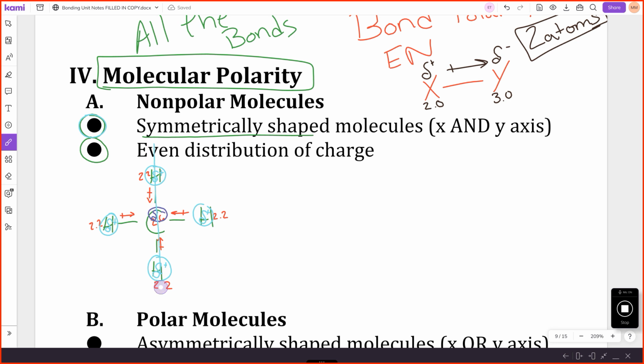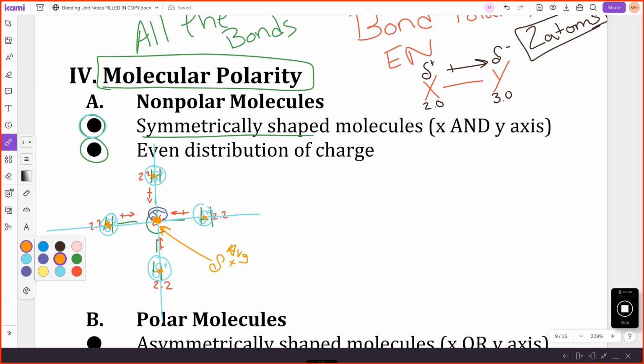If this were a graph, with X and Y axes, there's a lot of layers on here, but it will make sense. What would the average graph position be for these four orange dots? The average location for these four orange dots would be right here. This center location is the average place to find all of the partial positives.